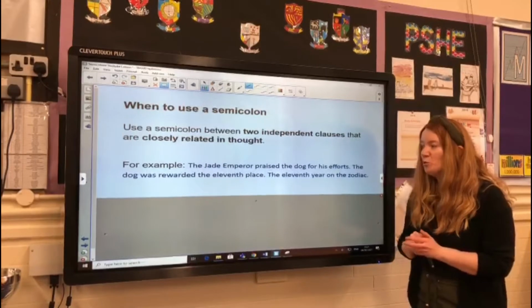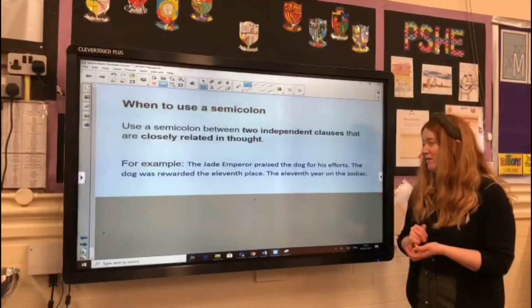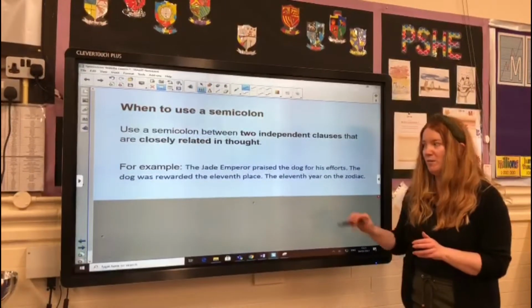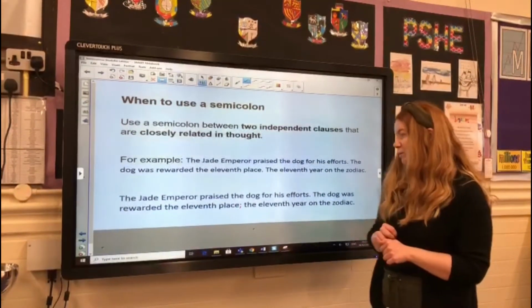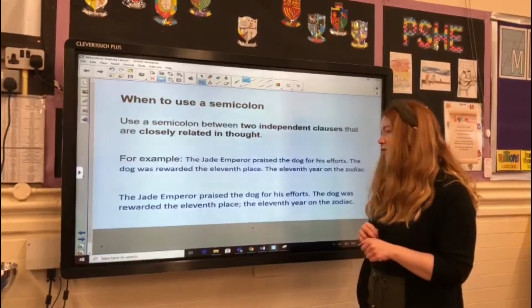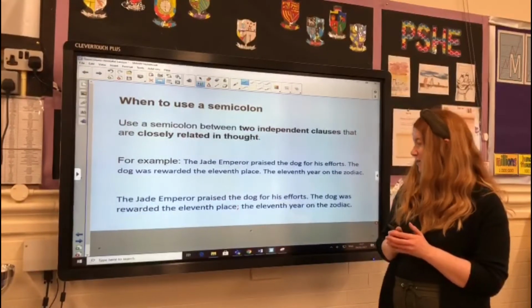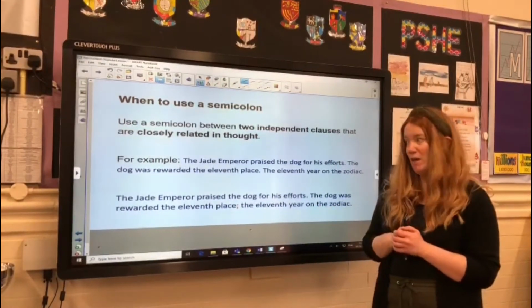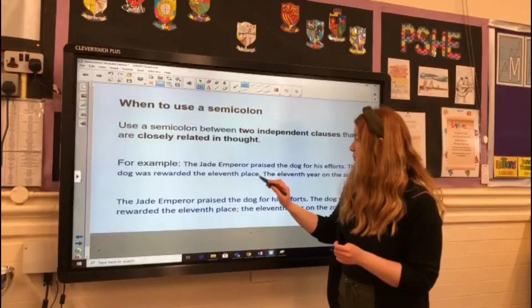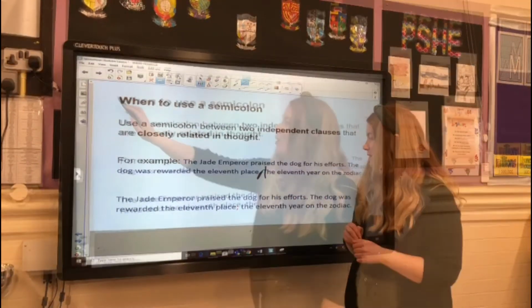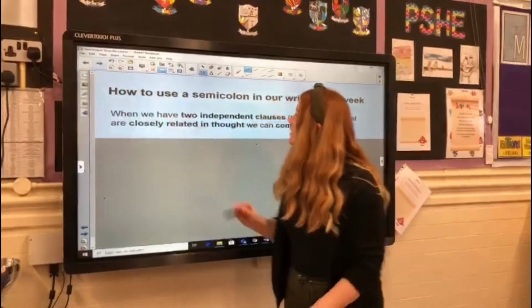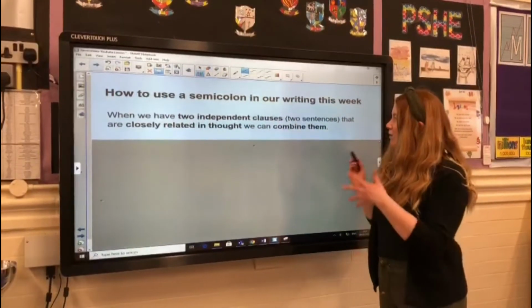The dog was rewarded the 11th place, the 11th year on the zodiac. Now we've turned that into, the Jade Emperor praised the dog for his efforts; the dog was rewarded the 11th place, the 11th year on the zodiac. So can you see, we've removed the full stop and made that a lowercase. So again, we've got the idea how to use semicolon in our writing.